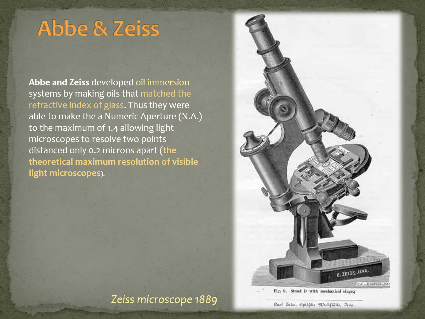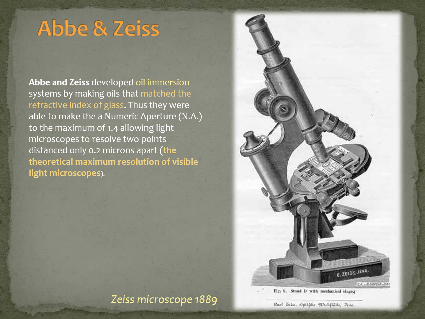So Abbe and Zeiss were obviously aware of the importance of the oil, and they developed an oil immersion system in order to take into account these refractive characteristics of light. So they developed oils that match the refractive index of the glass that was used to make the lenses and the slides and the cover slips.